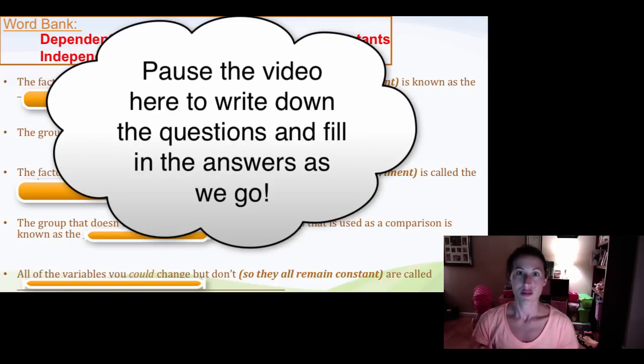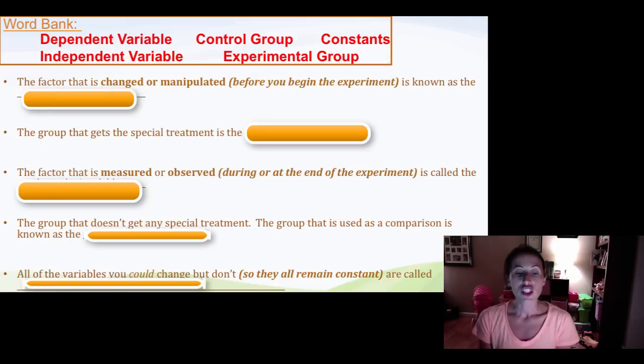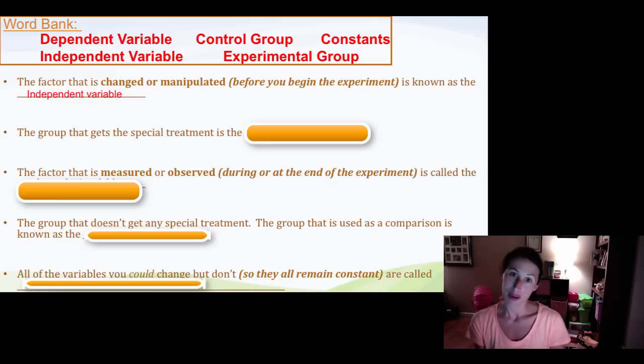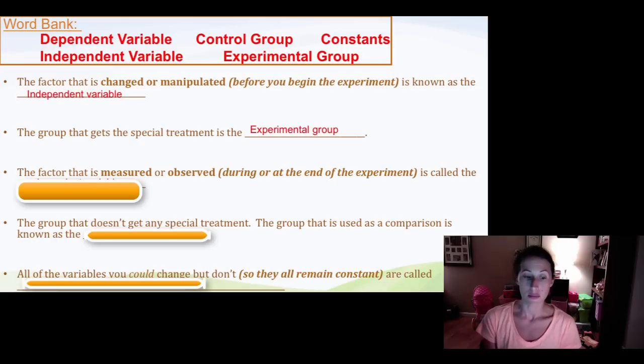Fill these in your notes, okay? The factor that is changed or manipulated before you begin the experiment is known as the independent variable. Good. The group that gets the special treatment is the what group? Experimental group. Good.